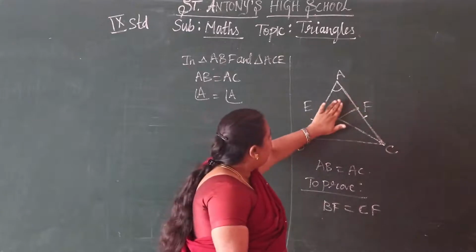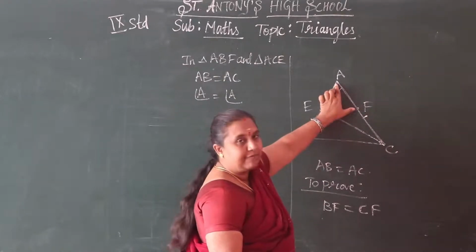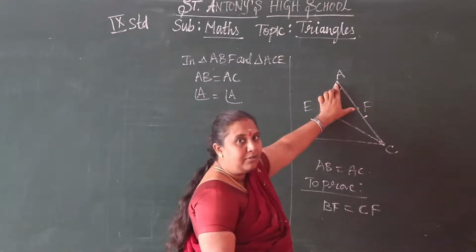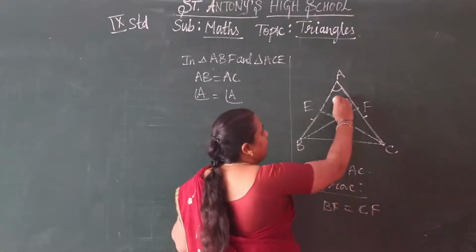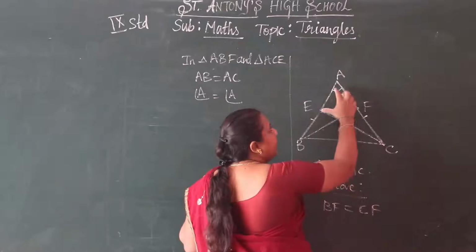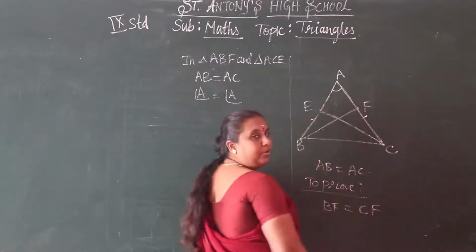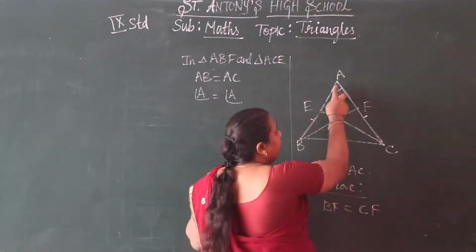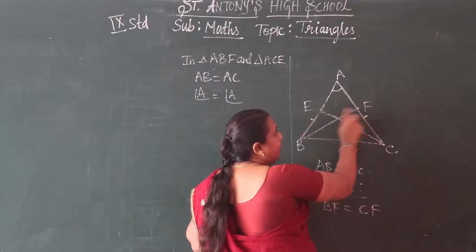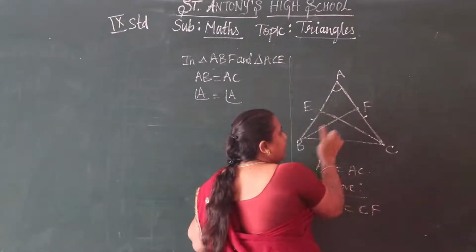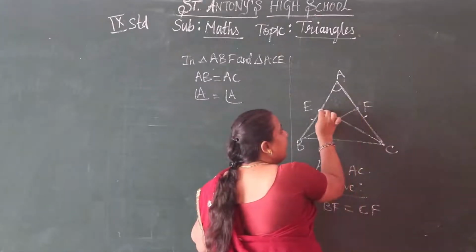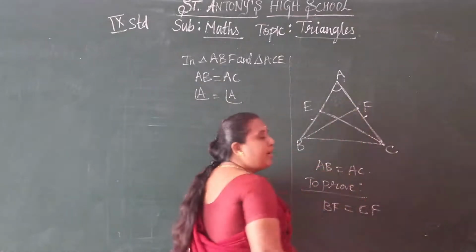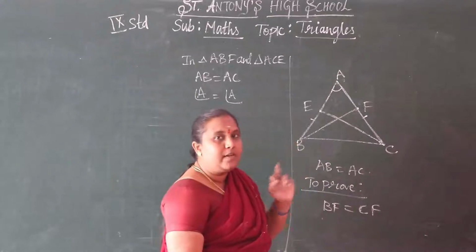In ABF we have the side AF, and in ACE we have the side AE. Understood, children? In triangle ABF we have the side AF. Why? Because E and F are midpoints of the equal sides.